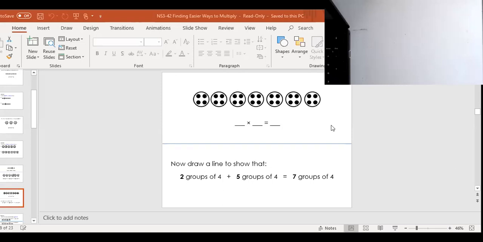Okay, so here's another example. They put the picture up here and the words down here, and they've reversed it. So they're telling you first here how many groups are all together. So up here it says I see 1, 2, 3, 4, 5, 6, 7 groups. So I would write 7 groups of, and how many are in each group? 1, 2, 3, 4. 7 groups of 4.